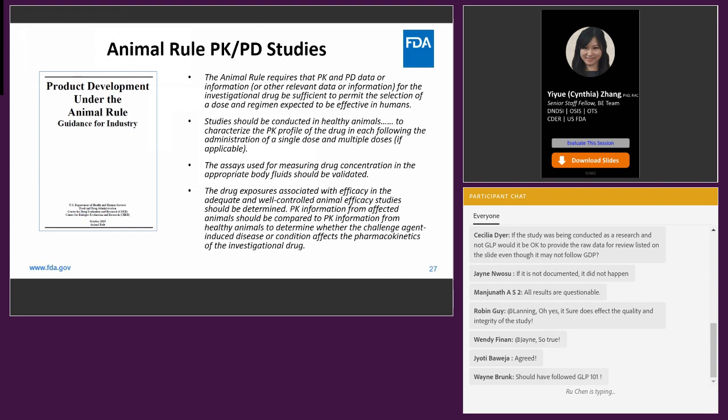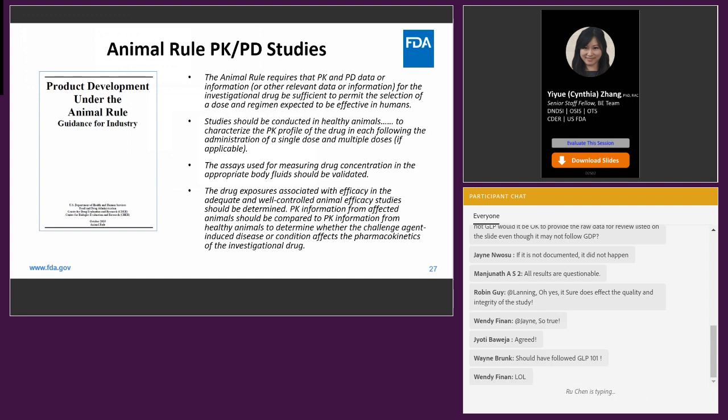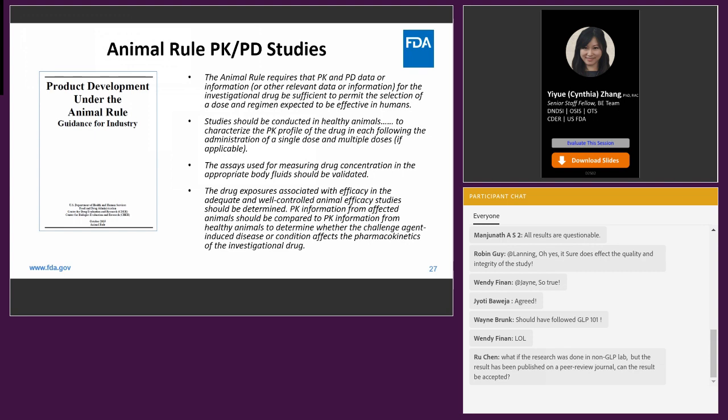As indicated in the 2015 guidance, product development under the animal rule, it's required that PK and PD data for the investigational drug be sufficient to permit the selection of a dose and regimen expected to be effective in humans. The assays used for measuring drug concentration in the appropriate body fluids should be validated.